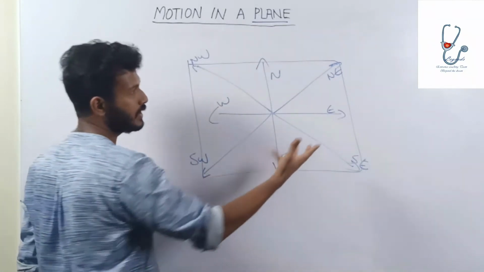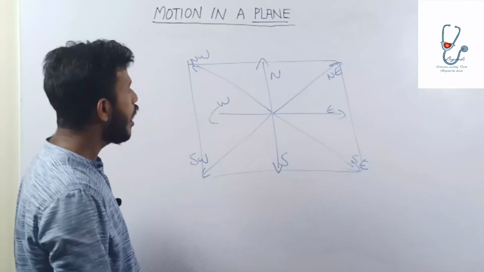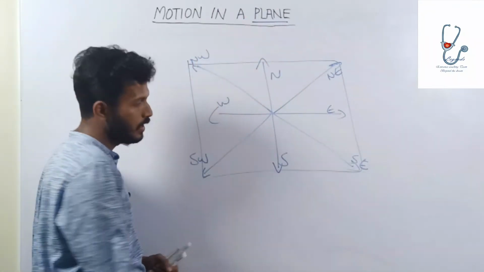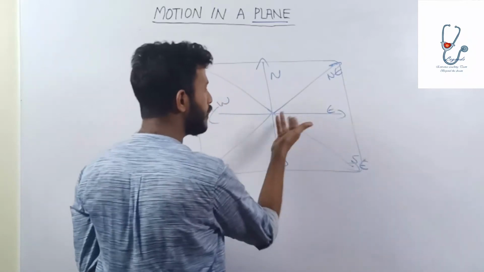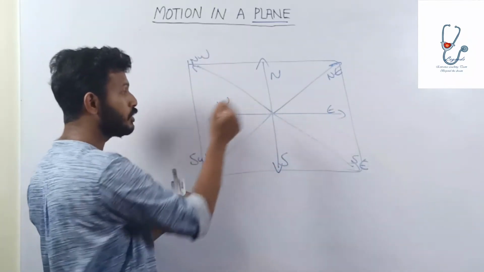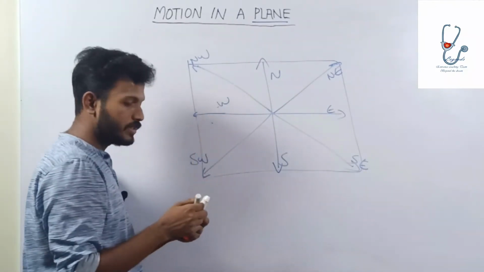How can we represent northeast by using unit vectors? How can we represent northwest, southeast, and southwest by using unit vectors? It's a very important shortcut in physics.